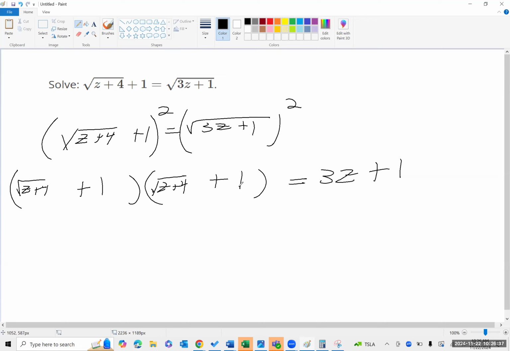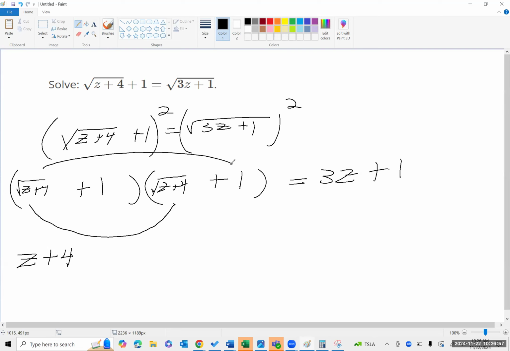Okay. So let's see if we can follow the FOIL. So the square root of z plus 4 times the square root of z plus 4 is z plus 4 because the square roots cancel. Okay.